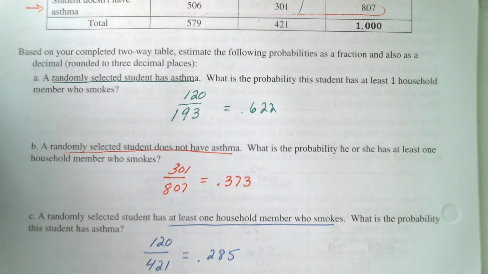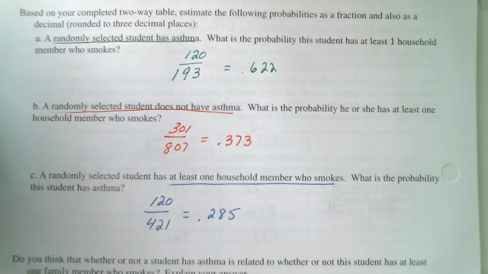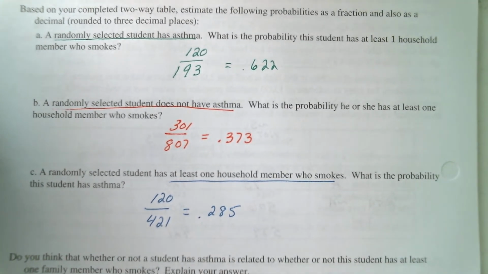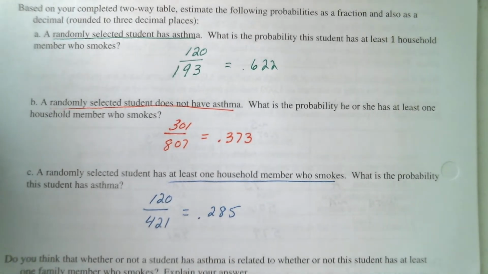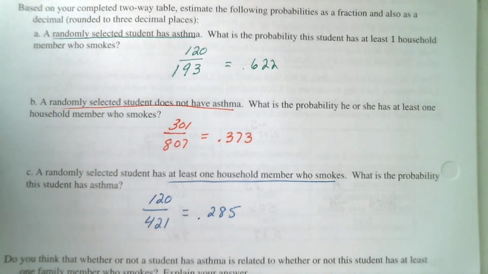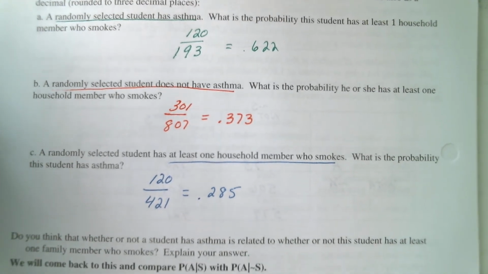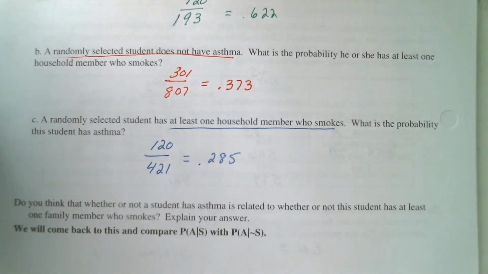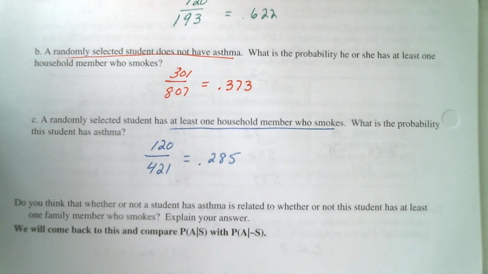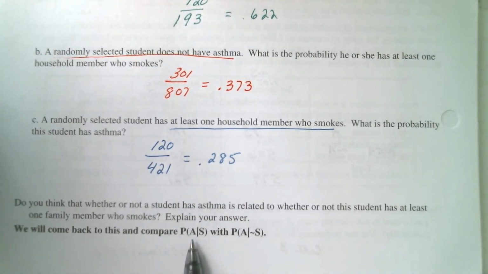Do you think that whether or not a student has asthma is related to whether or not this student has at least one family member who smokes? Explain your answer. We're actually going to come back to this at a later time, once we learn about conditional probability, which is in lesson 4.